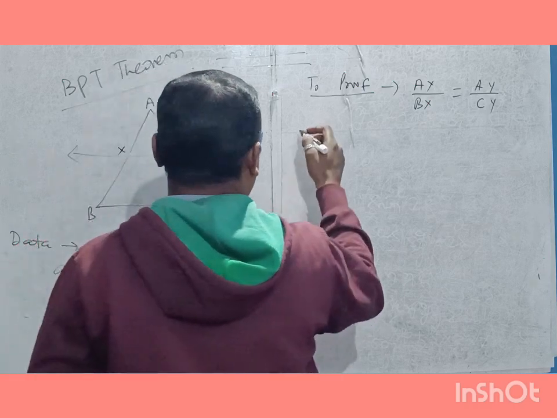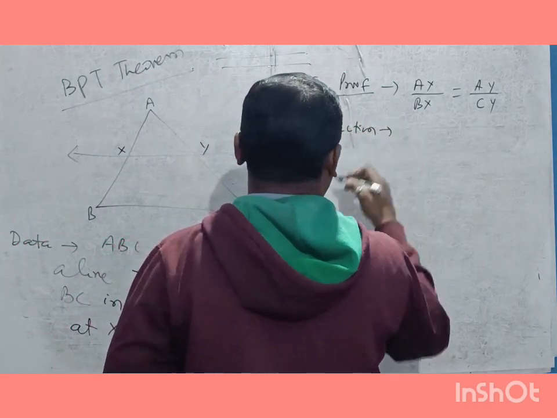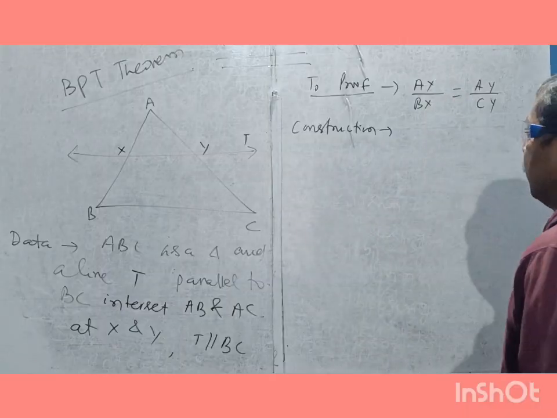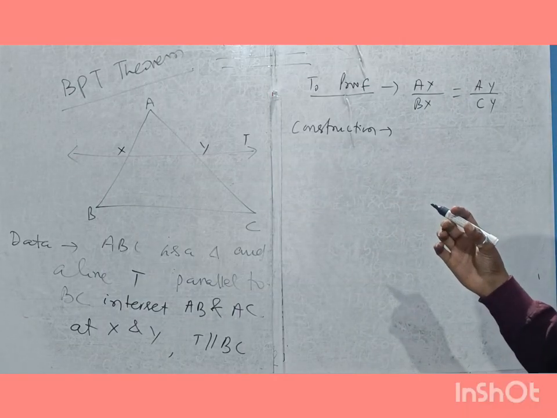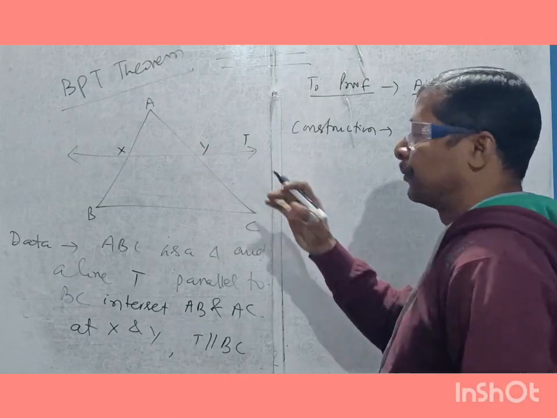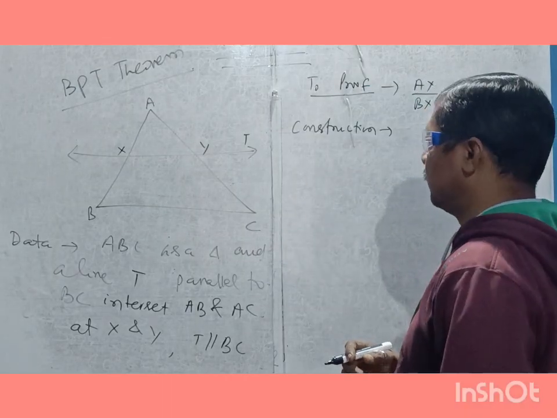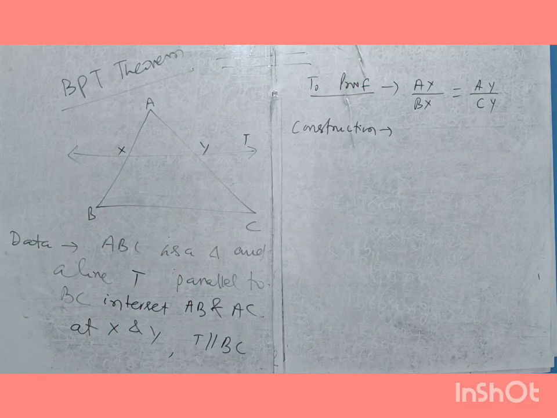So what is needed? Construction. Not in all theorems is construction needed, but in certain theorems there is some extra construction to be made in the figure. So what will be the construction? Always remember the construction part, what extra is needed to prove a theorem.